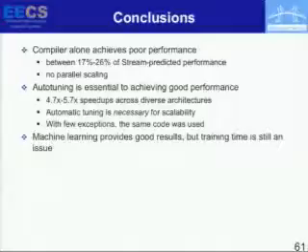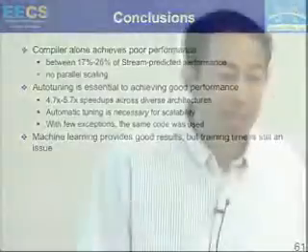So some conclusions. Compiler alone, as we've shown before, did not do well at all. We saw between 17 and 26% of Stream predicted performance and no parallel scaling. The best performance was not even at the maximum concurrency. Auto-tuning was really valuable in trying to get good performance on these systems.